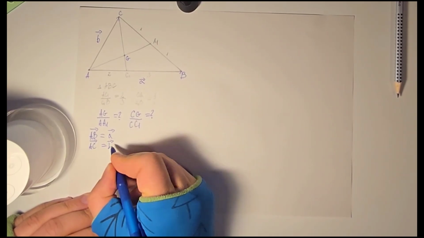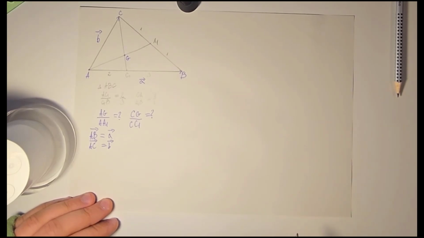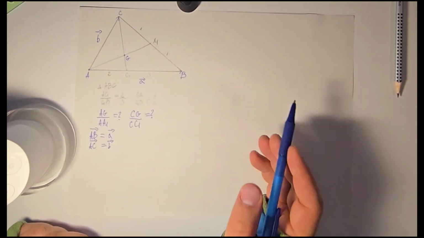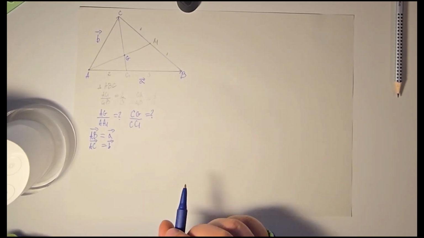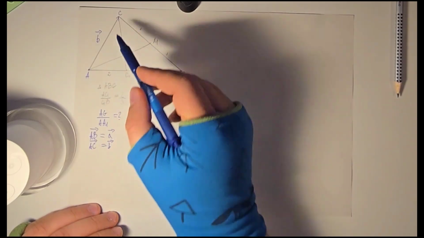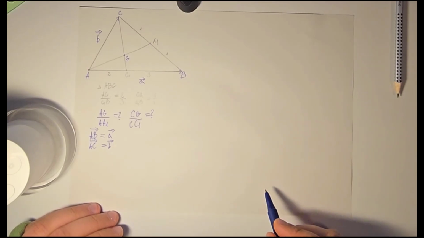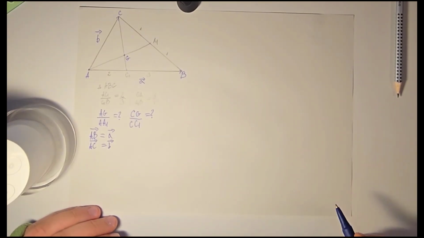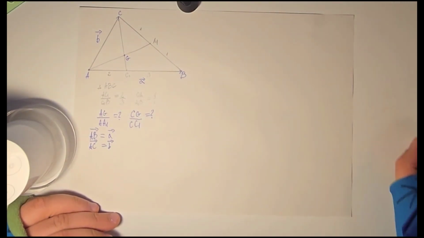And this tiny arrow here is the symbol of a vector. Okay, fair enough. So what can we say further? Pretty much the idea is to start expressing these lines with the basis vectors, and at the end we should be able to write some kind of an expression that equals 0, and from there we will be solving our things.